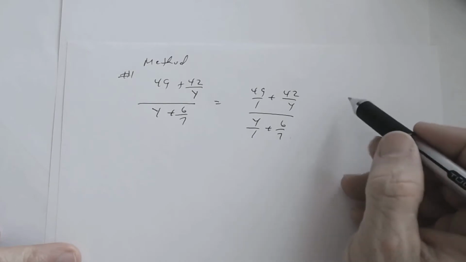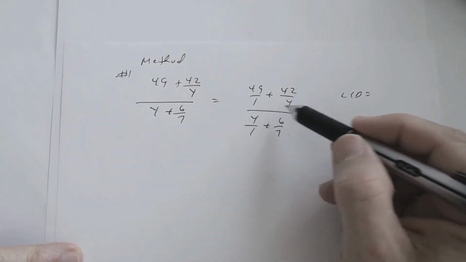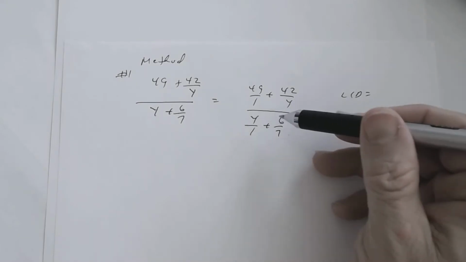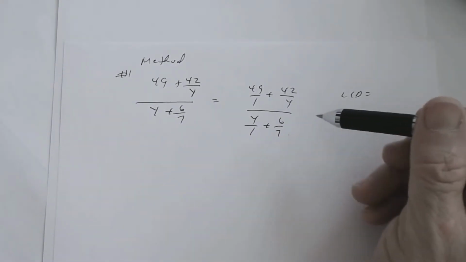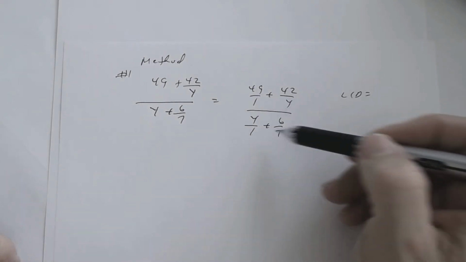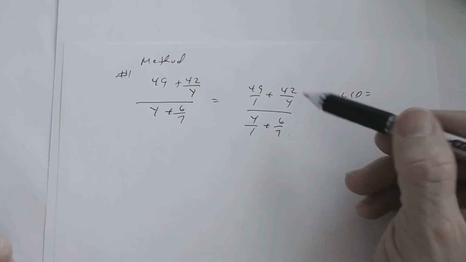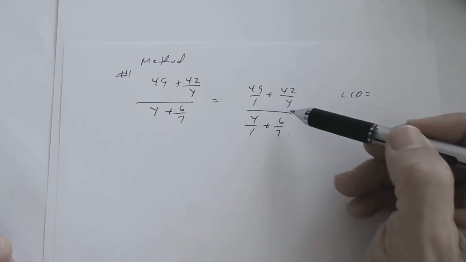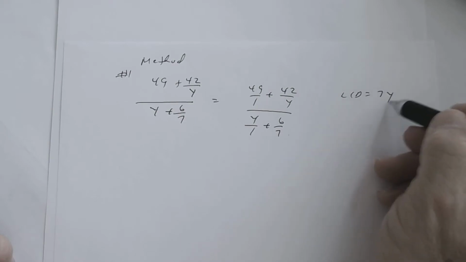Okay, so the least common denominator then would be, remember, first of all, you got to make sure that when you're finding the least common denominator, that your denominators are factored. In this case, though, they're all monomials, so there's really no factoring to do. So you have 1, y, 1, and 7, so the least common denominator is 7y.